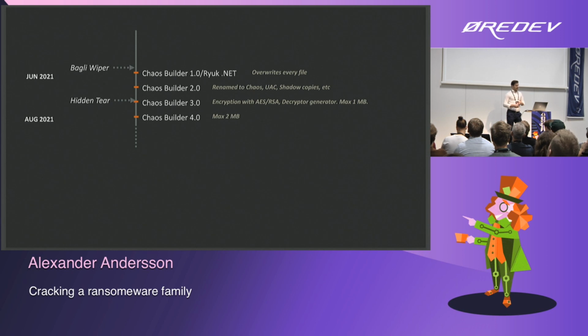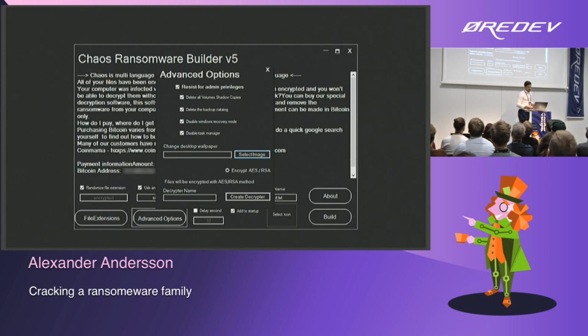But in version 3, they started implementing encryption, and the builder actually has a decrypter as well. So at that point it's a proper ransomware, but with a small catch: it only encrypts files which are under 1 megabyte. All other files it destroys. So it doesn't really help, right? What I read in this is that it's something trying to look like a ransomware, but it's a wiper.